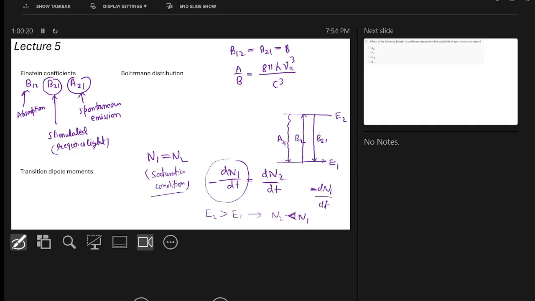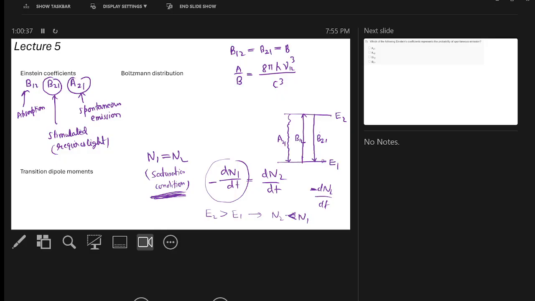We will read this in detail in NMR. We will apply this saturation condition in NMR, and what techniques we will use there to remove this saturation condition, those things we will detail there.